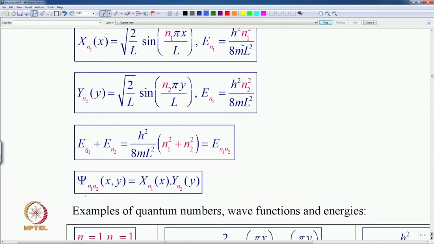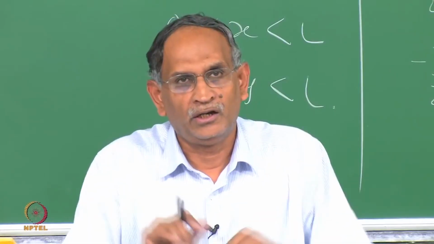The wave function psi of n1 n2, because it is obviously specified by the two quantum numbers n1 and n2, has the independent function x with the quantum number n1 and y with the quantum number n2. Okay. Each one is in an orthogonal direction.